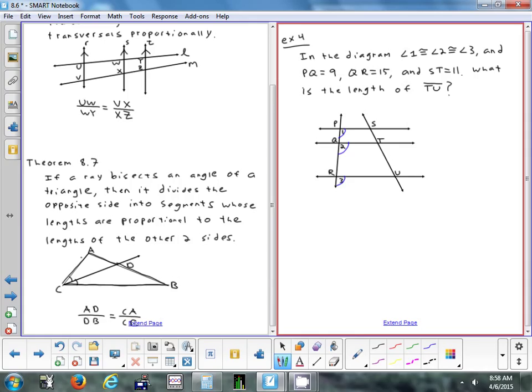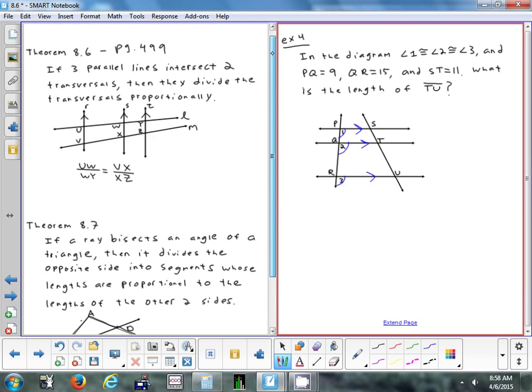Yeah, PS, QT, and RU are all parallel. You could kind of think of that as an extended case of 2 lines cut by a transversal, except in this case it's 3 lines cut by a transversal. All the corresponding angles are equal. Okay, so they're all parallel. Now that we know they're parallel, we can use theorem 8.6.